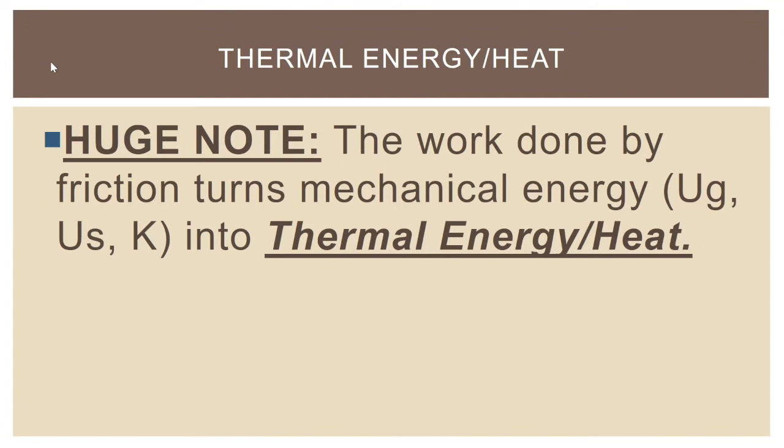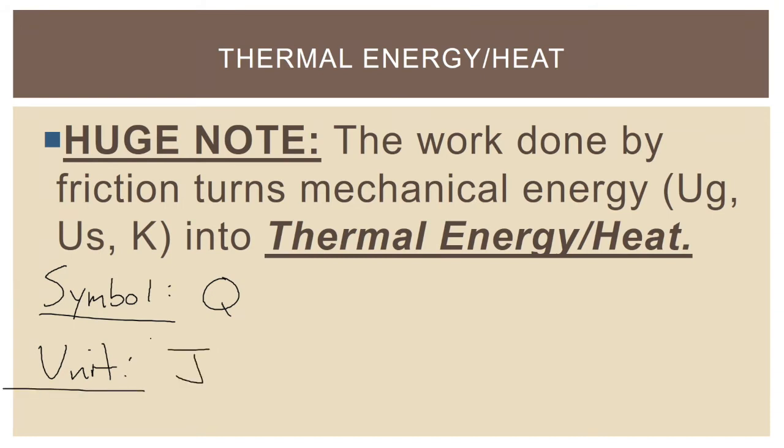And if you remember from chemistry, we give thermal energy or heat the symbol Q, and that Q is uppercase. And of course, because heat or thermal energy is in fact energy, it's going to be measured in units of joules. Take a second to pause this video here and write that down. And when you hit play, we'll move on.